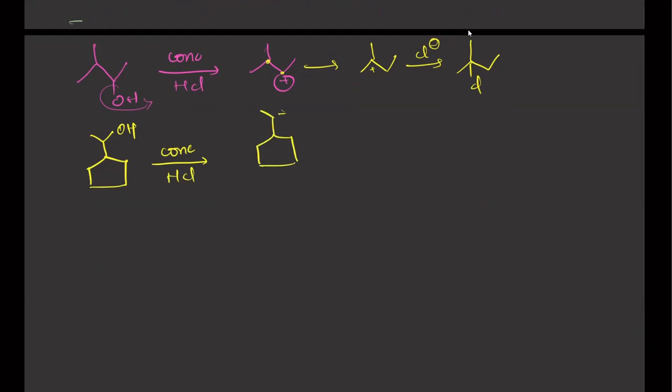And of course, we are going to extend this ring. As we know, if we take out this ring, this is going to form a hexane. In the same way, let's make it a hexane with a carbocation. But we have this extension here, so we are going to keep this extension. And in the next step, Cl- is going to come and form this compound.